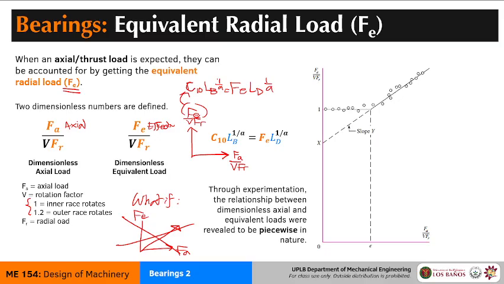I am not sure how to explain this empirical behavior. However, it is what it is. It is reality, so we have to accept it. So this is kind of like a piecewise function. Again, this is the actual force, and this is the effective radial.